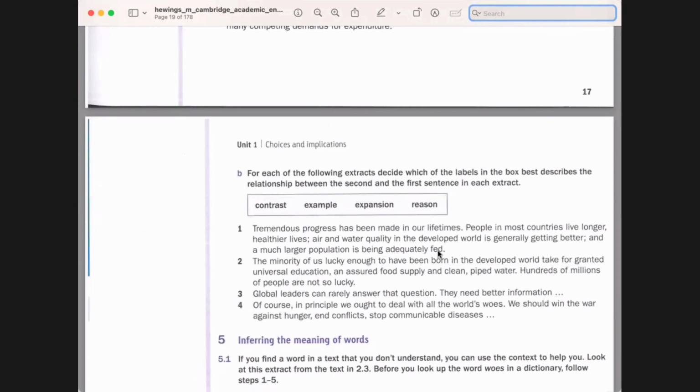The reason. Okay, and also we have 4 more parts of the texts, because each one has 2 sentences. And also we have to decide now whether it's contrast, example, expansion, or a reason. So what is contrast?